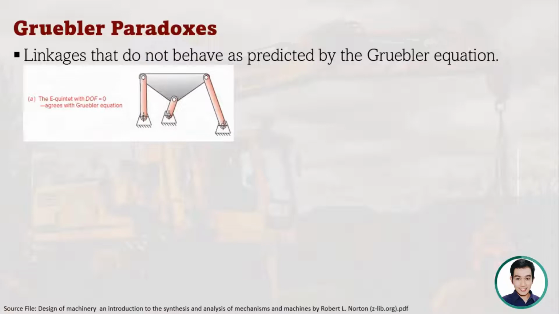This is an E-quintet because, as you can see in its shape, it's like a letter E. If you calculate the degrees of freedom, we find that we have 5 links. We have 1, 2, 3, and then the ground, which is another one, and this one. So we have 5 links.